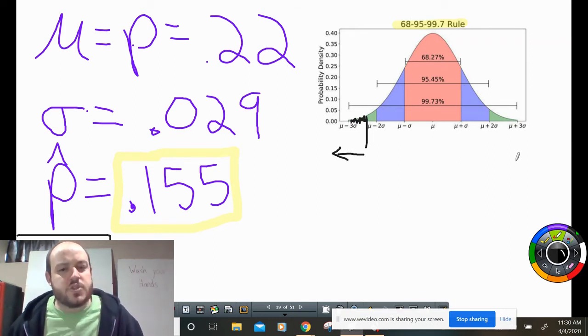All right. So when we do this, this will actually just be a normal CDF question on our calculator. Now, what would we be putting on our calculator here?